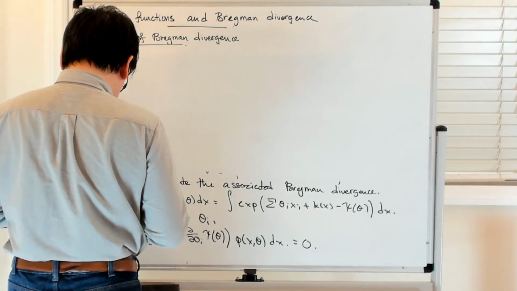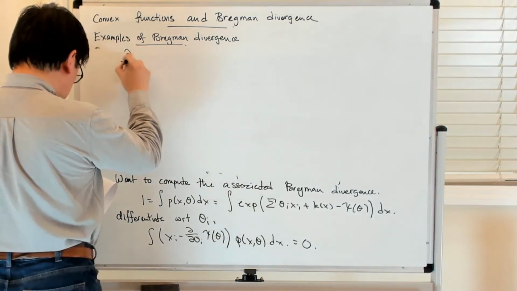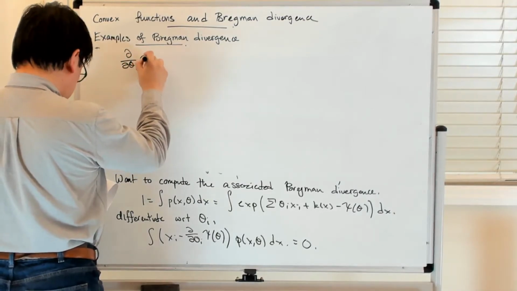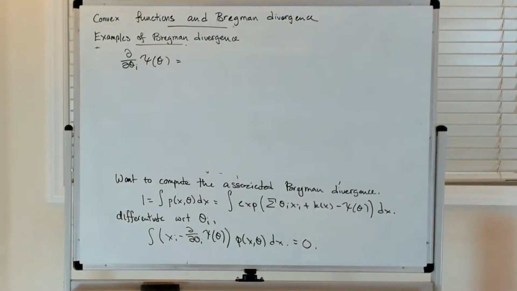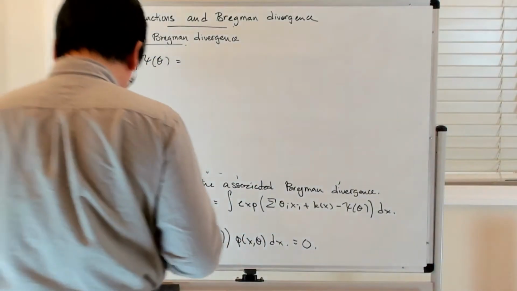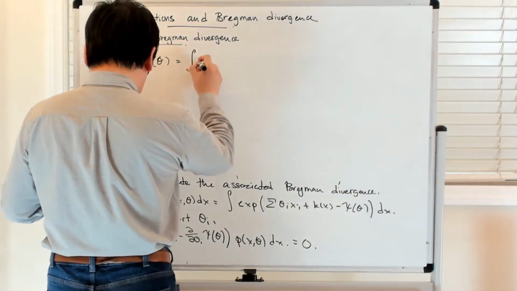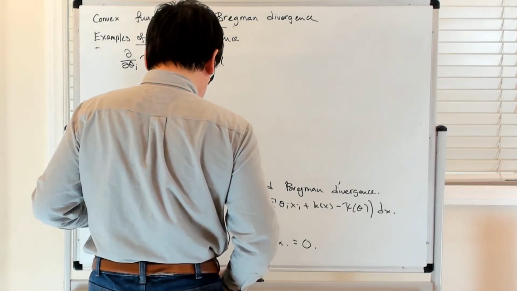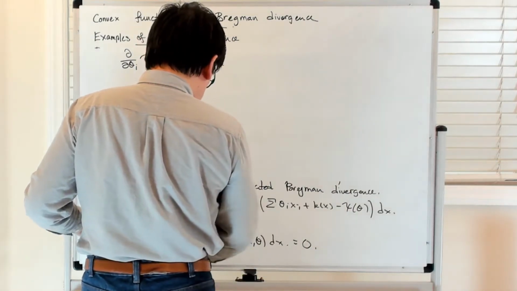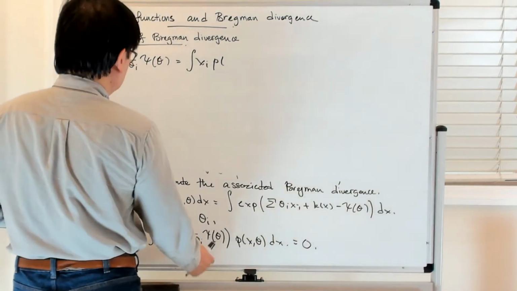All right, so this means that d/d theta i of phi of theta is equal to the integral of xi p. I just broke this integral up into two pieces, right?